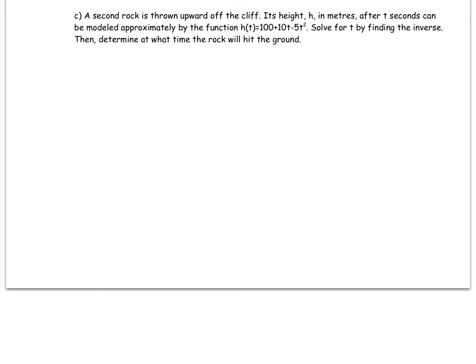The last part of the question says that a second rock is thrown upward. The equation is given here. It says solve for t by finding the inverse, then determine at what time the rock will hit the ground.